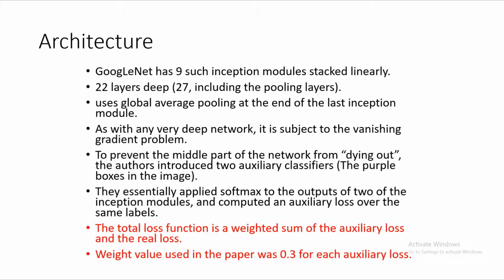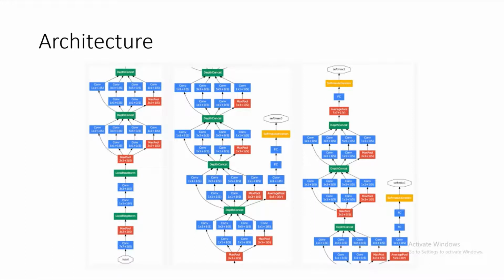So to prevent the vanishing gradient problem, at the middle part of the network, the authors introduced two auxiliary classifiers. The purple boxes, here we can see two auxiliary outputs in the middle of this architecture.